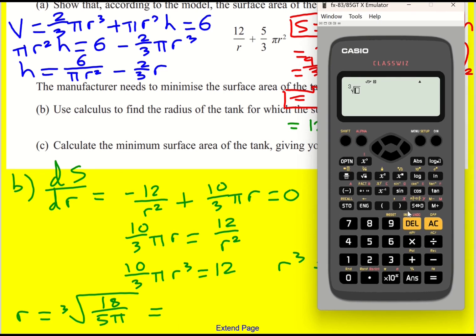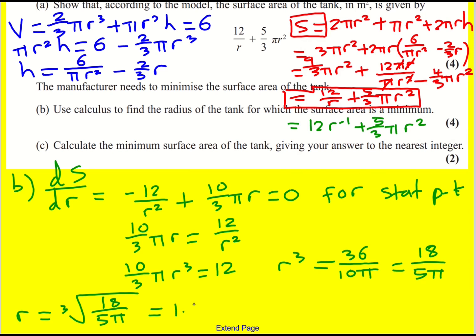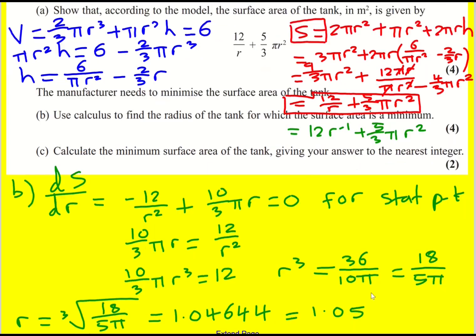Just realized I'm not using the right calculator here, not the official A-level one, but it's okay. Don't need it. Which gives us 1.04644. And I'll round it to 3 significant figures. Gives me 1.05 meters.